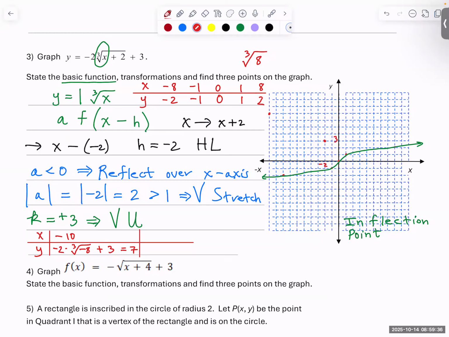And let's get one more point. Let's pick x is 6, because when you input x is 6 and then you add 2, you get the cube root of 8. So we're going to calculate negative 2 times the cube root of 8 plus 3.